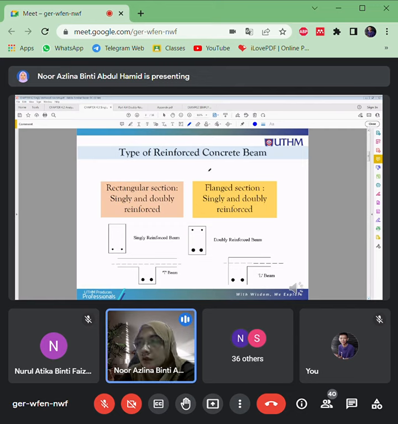Alright, so before that you need to understand what is singly, what is doubly, ataupun single, double reinforced. So we have two types of beam section, which are rectangle sections, and another one is the flange sections.